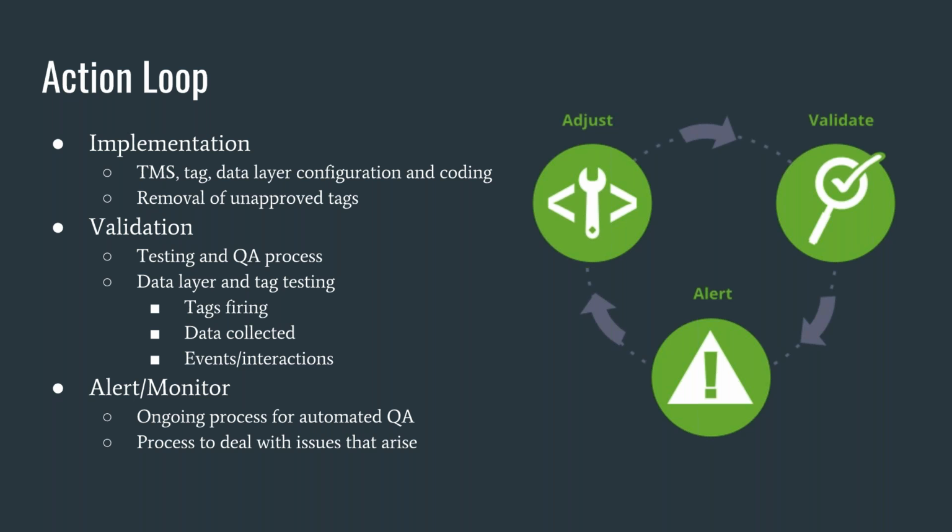We don't know, or most people don't know that there's an issue until a critical report doesn't have the information that it needs, or until the media team can't actually evaluate the effectiveness of a particular campaign because their floodlight tags were actually never executing where they're supposed to be.